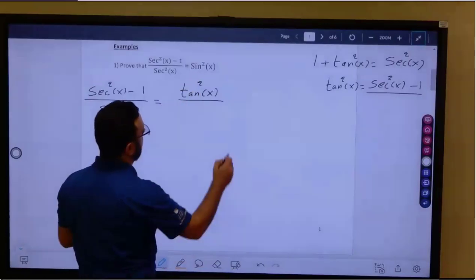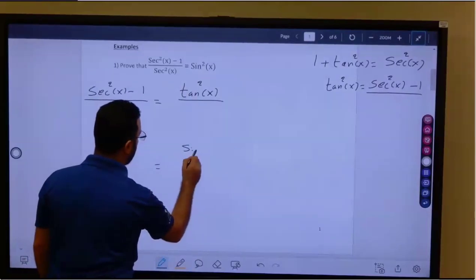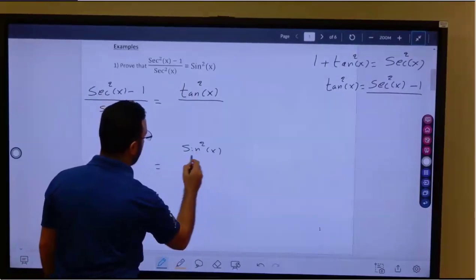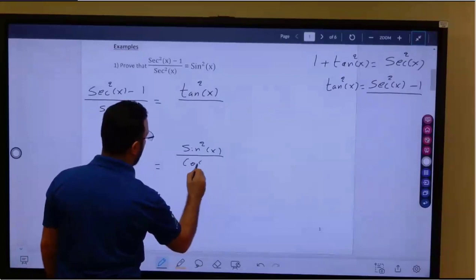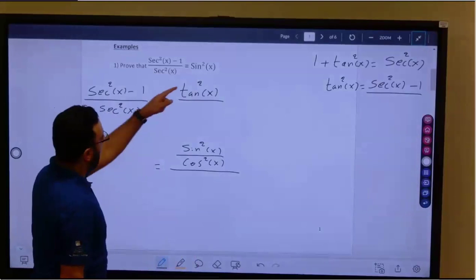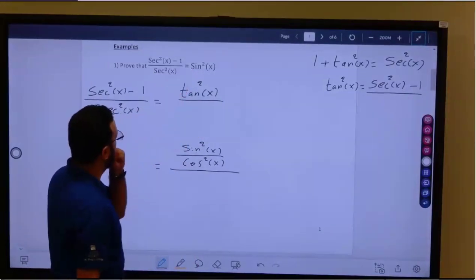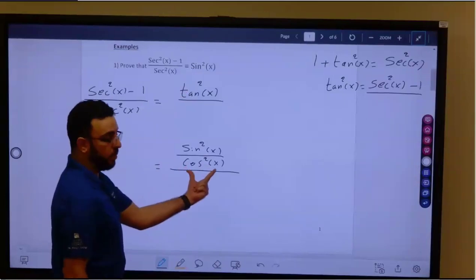Tangent is equal to what? Tangent equals sine squared x divided by cosine squared x. So the tangent equals sine over cosine. Here's the sine, which is the result. So that means I need to cancel the cosine.